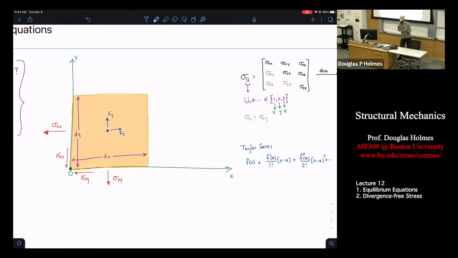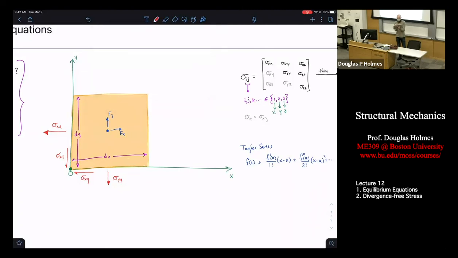As I move away from the origin to some other distance, dx, then my stress is going to change by some amount. It's going to change by a derivative of that stress with respect, in this case, just to x. But in our case, it's going to be the change in that stress with respect to whichever direction we're moving in. So what does that mean?